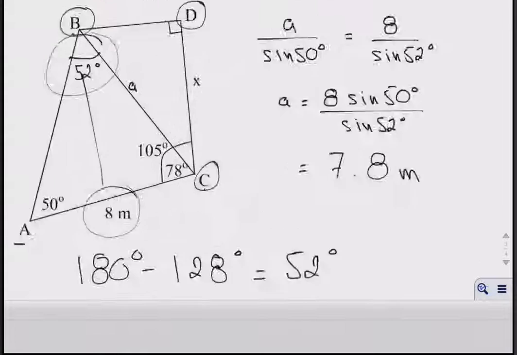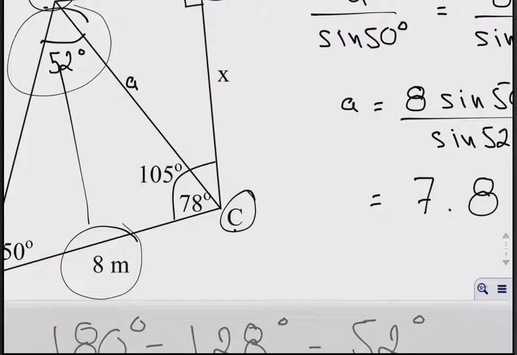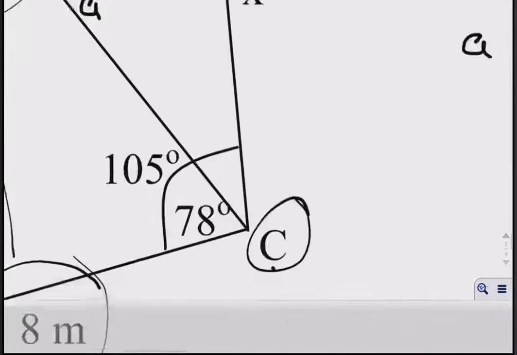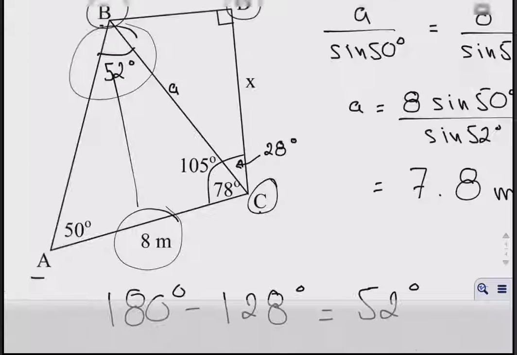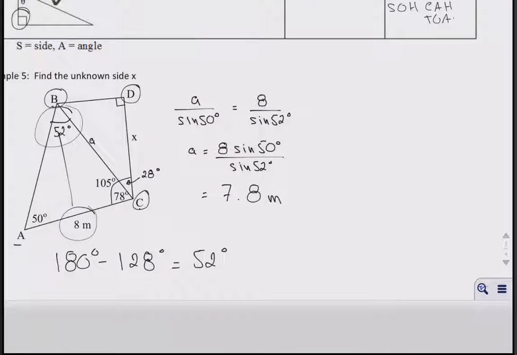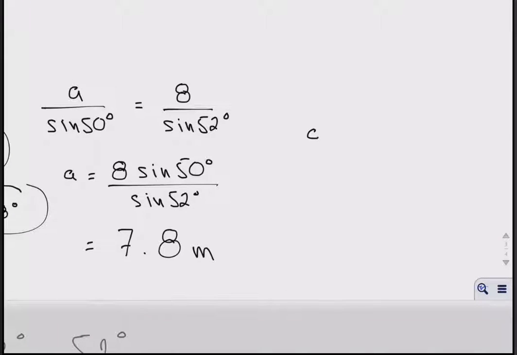Well, that's easy because now we can use the 105 and the 78 to figure out this angle here. Angle C here at the bottom. This angle here will be 28 degrees. And therefore I use SOHCAHTOA with the 28, this side and side x. So that will be cosine is equal to x over 7.8, which is the hypotenuse.